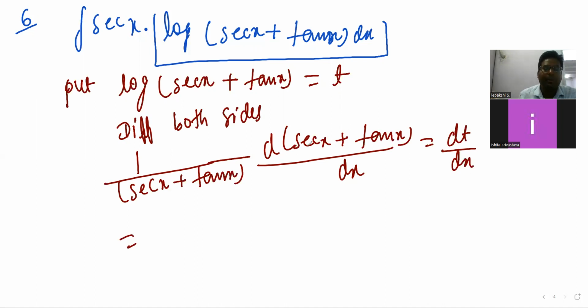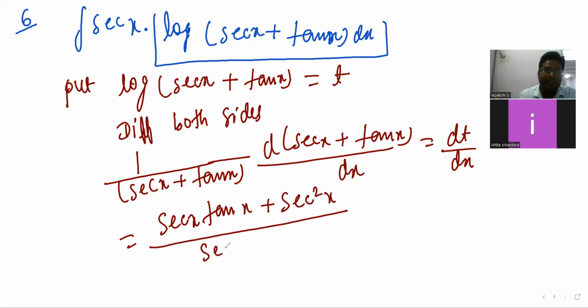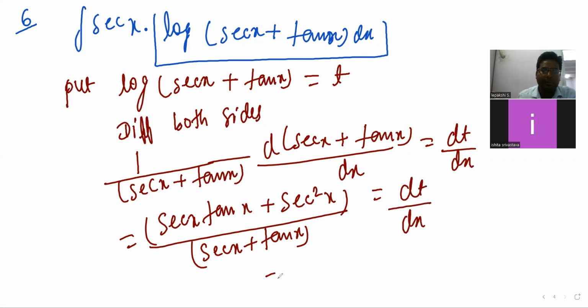So now you have to differentiate the numerator. Sec x differentiation is sec x into tan x, and tan differentiation is sec square x, divided by (sec x plus tan x), equal to dt upon dx. Now take the common sec x from this part.